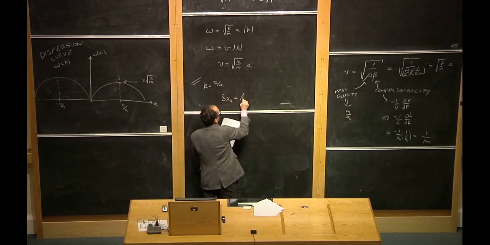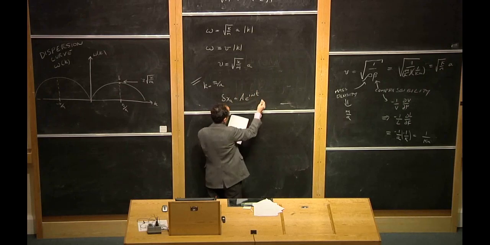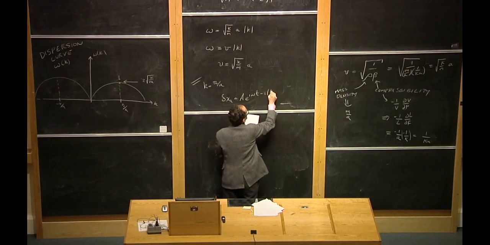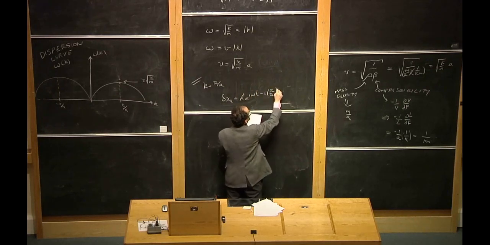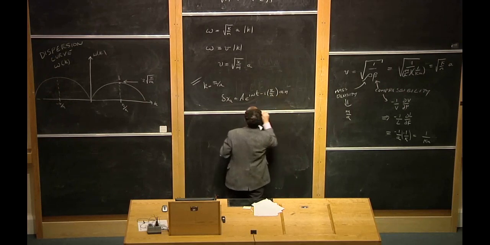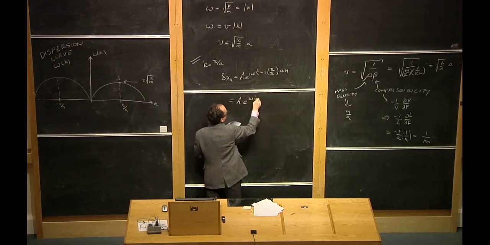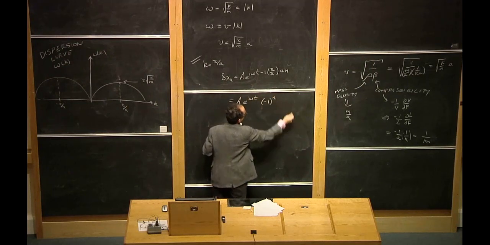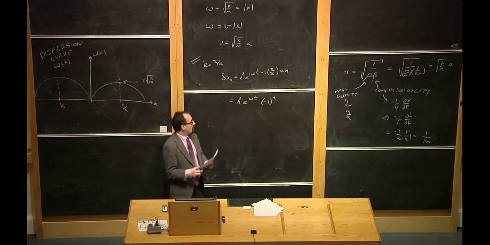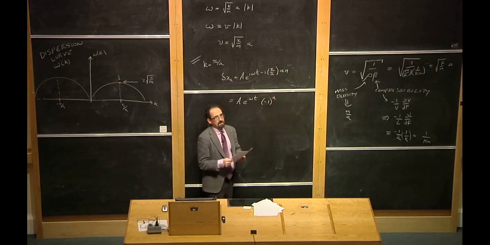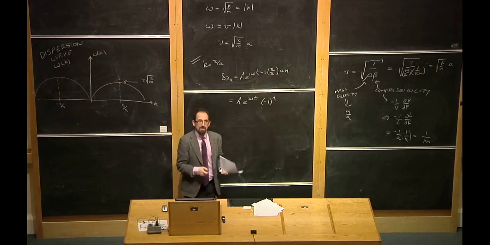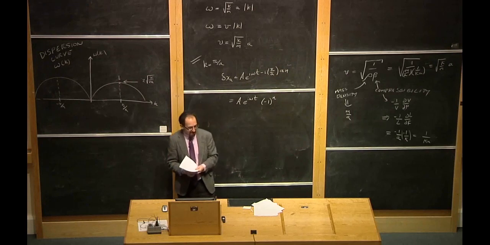It's A e to the i omega t minus i pi over a times a n, or it would be A e to the i omega t times (minus 1) to the n, which means that every alternate, even versus odd, mass is moving in the opposite direction. And that's the highest frequency you can possibly get.